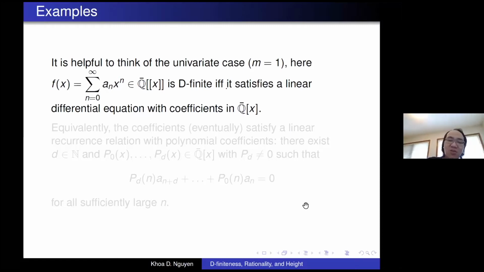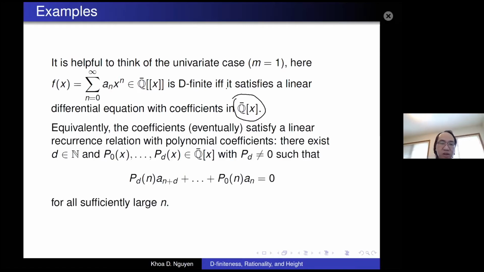So it's the same as requiring this function to satisfy a linear differential equation with polynomial coefficients. Well, in the field of rational functions, but you can clear the denominators, so it doesn't really matter. And if you have a linear differential equation like this, you write down the equations, set the coefficients to be 0, and expand everything out.